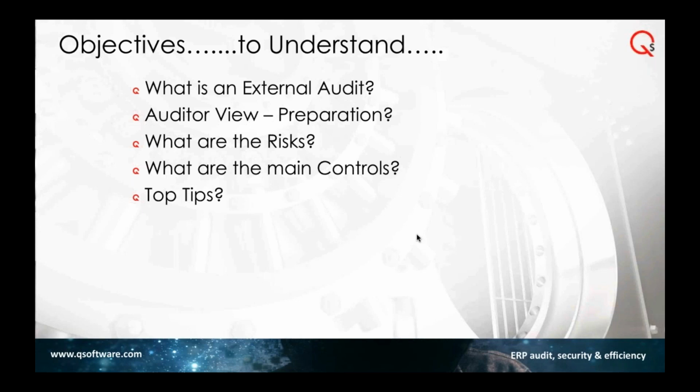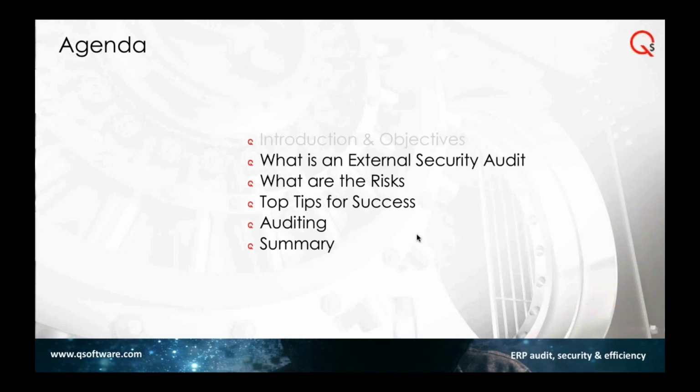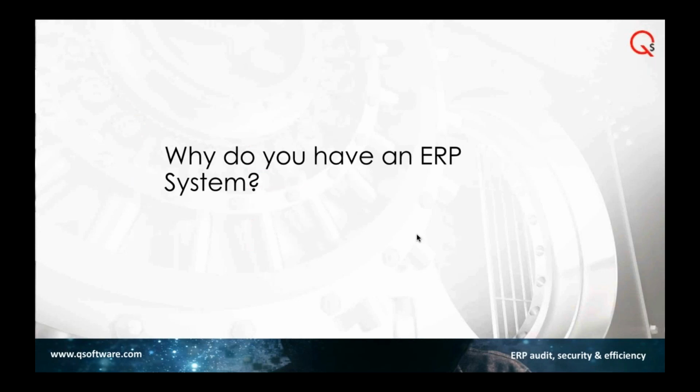We've got an auditor or two on our payroll. Mainly the core is to know what the risks are, the things to avoid, and the main controls you need to put in place. And we're going to finish with some top tips. All right. I always feel it's a good idea to have a summary point. So that is by way of an introduction. As I said, if you've got any questions, just reach out to me on the questions or the chat box. All right. But let's get going.